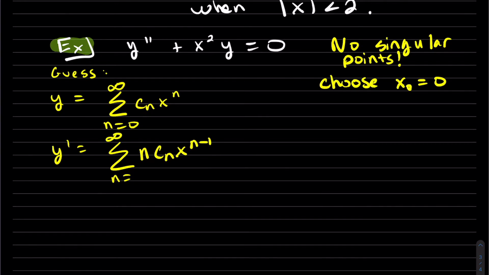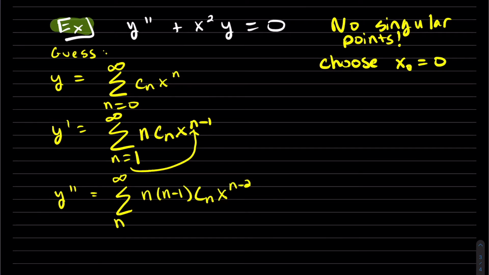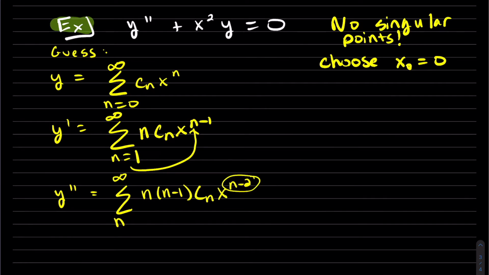But remember, when we plug in n equals 0, we'll have x to the minus 1, and it won't be a power series. We can't have negative exponents; it has to be a polynomial. So we start at n equals 1, which brings the power to 1 minus 1, which is 0, the constant where I want it to start. Now the second derivative, same thing, but here we have to start at n equals 2 so that our first term is the constant.